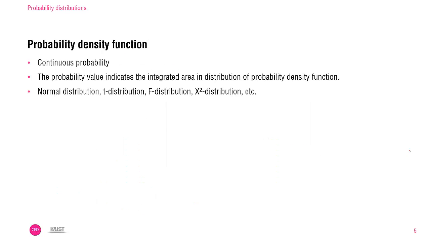In statistics, we always refer to certain probability density functions, and they are continuous. As said before, the probability value indicates the integrated area in a distribution of a probability density function.